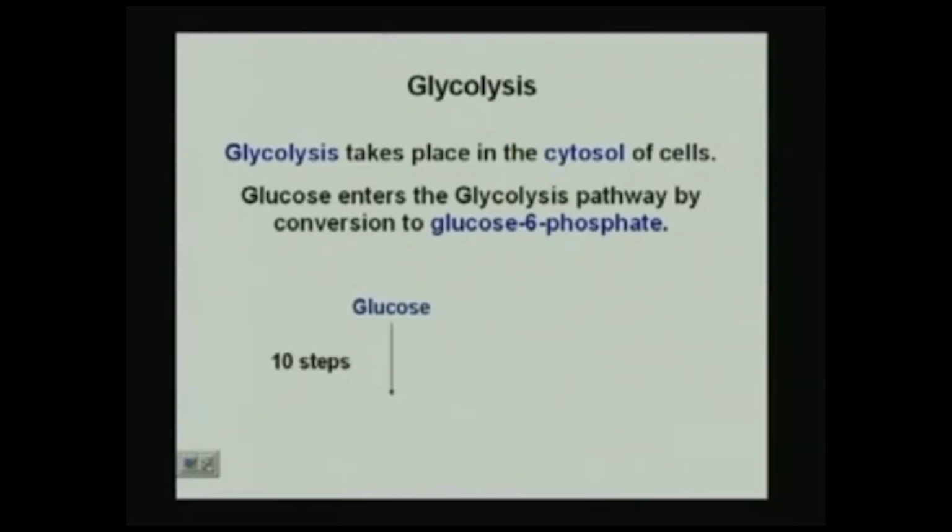There are 10 steps involved, which means there are 10 enzymes involved, and we have 3 steps that are regulated in the formation of pyruvate from glucose in the 10 steps that form the process of glycolysis. So we have glucose go to pyruvate in 10 steps, 3 of which are regulated, and it is occurring in the cytosol of the cells. If we do not have oxygen, then this pyruvate forms lactate.